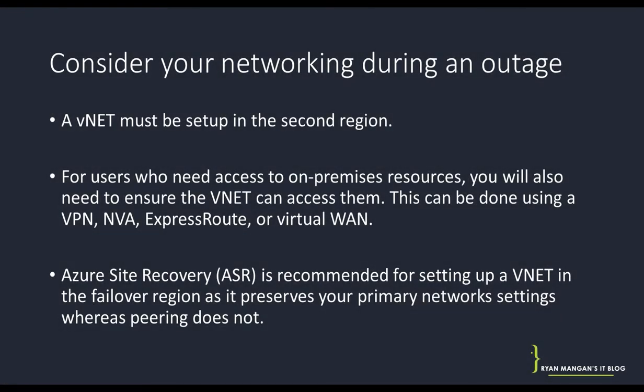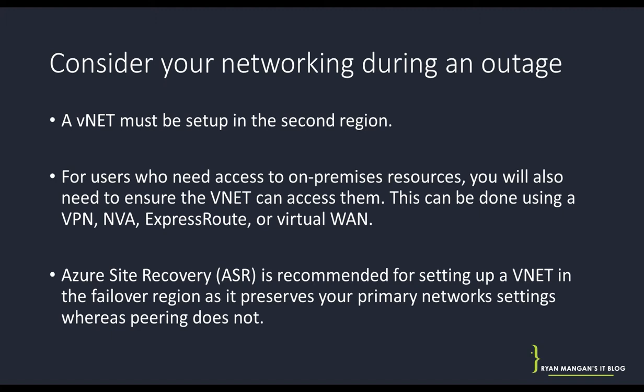So you want to create a disaster recovery solution for your Windows Virtual Desktop environment. Okay, here are some network pointers to write down. You need to ensure that a VNet is set up in a second region. This can be done manually or it can be taken care of by ASR, Azure Site Recovery. For organizations who need access to on-premises resources, you will need to ensure that a VNet can access them.